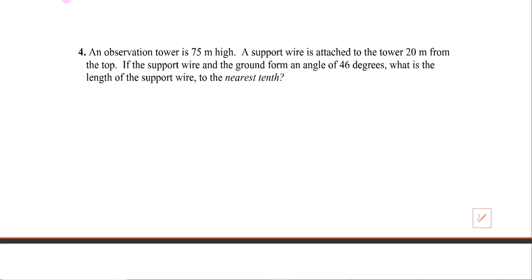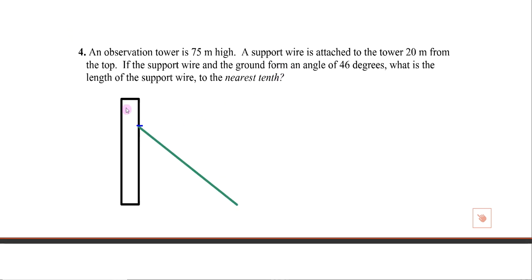This one I thought was very good. One of you got caught out by the fact that you have a tower, and there is a support wire, but the support wire is not attached to the top of the tower.